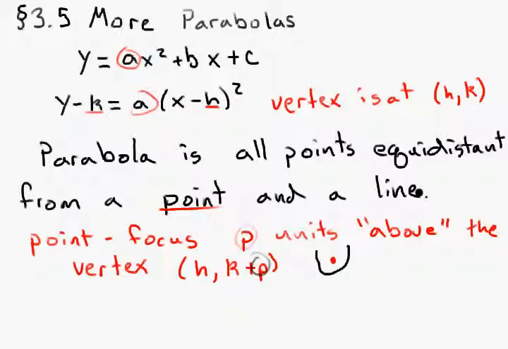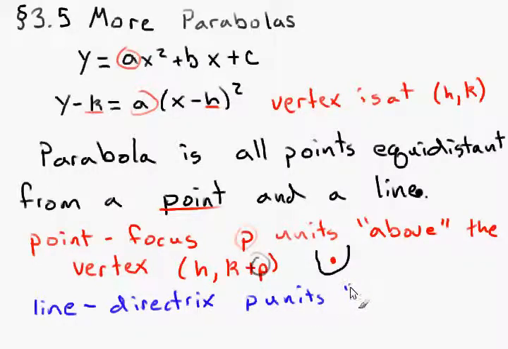Now, the line is the directrix. And it is p units below the vertex.